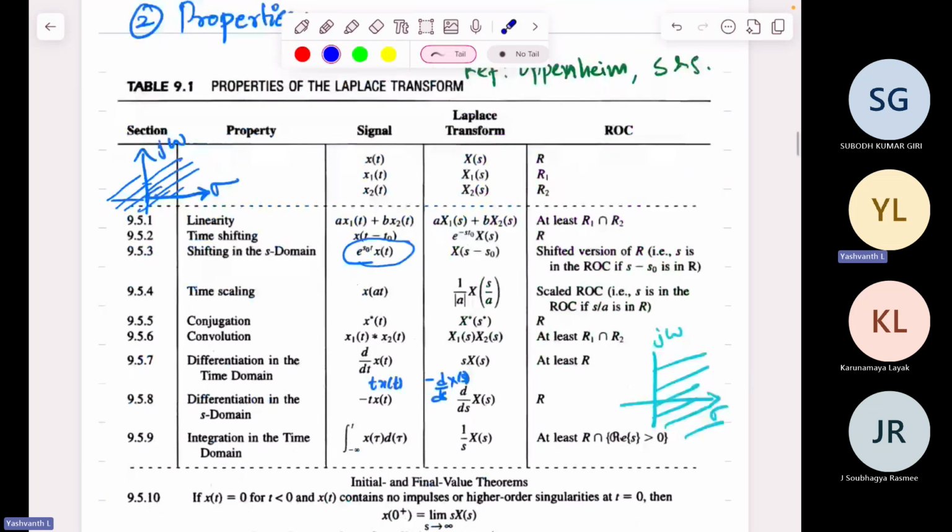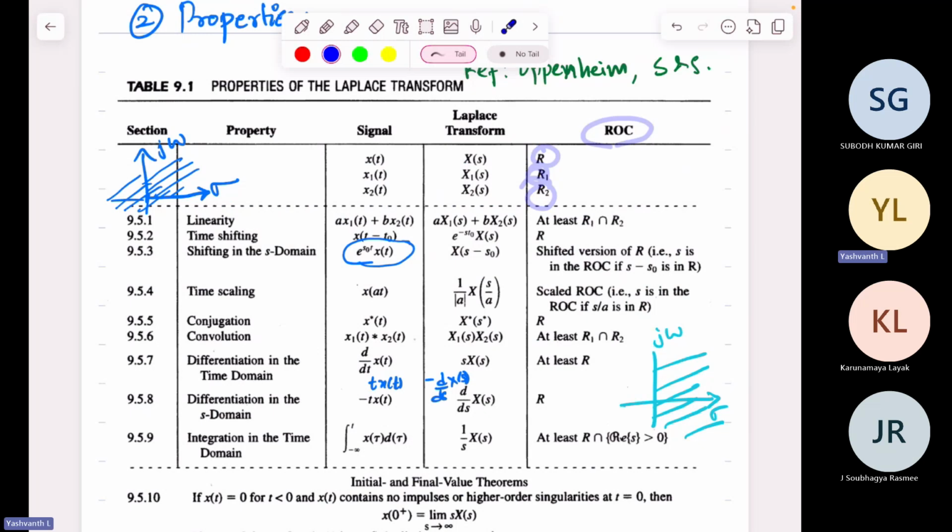Let's say x of t has the Laplace transform capital X of s, x1 of t has the Laplace transform X1 of s, x2 of t has the Laplace transform X2 of s, and the corresponding regions of convergence are R, R1, R2.